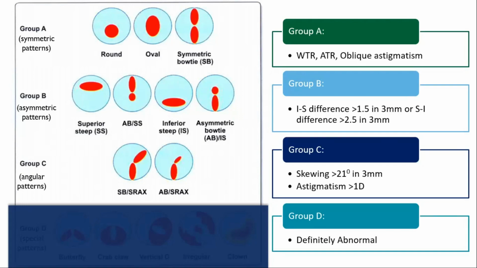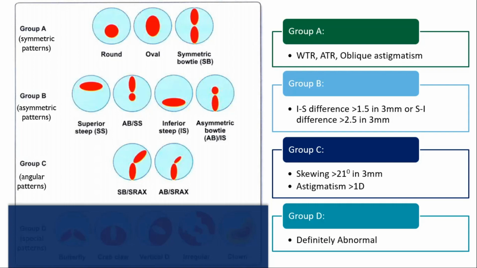These maps are suspect maps, and along with that, if you see an inferior superior difference of more than 1.5 in the 3 mm zone in axial map, or a superior inferior difference of more than 2.5 in the 3 mm zone of axial map, it confirms the suspicious cornea.